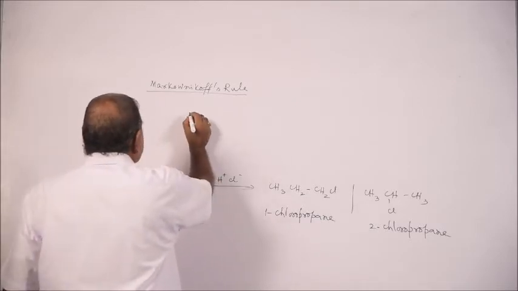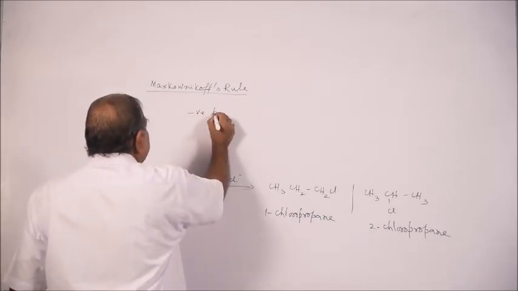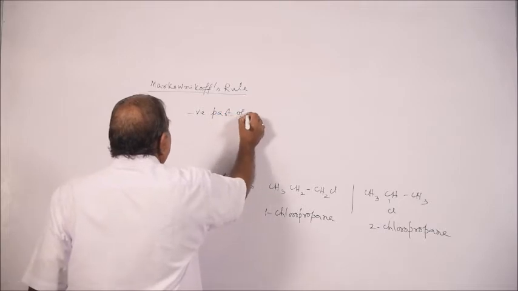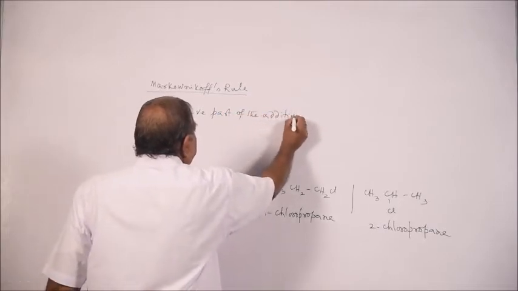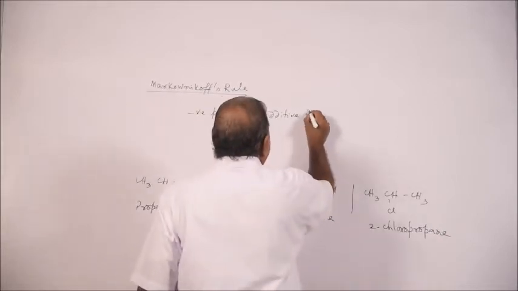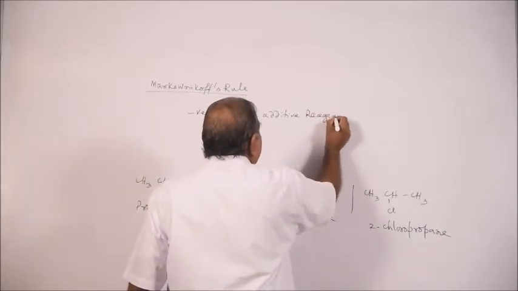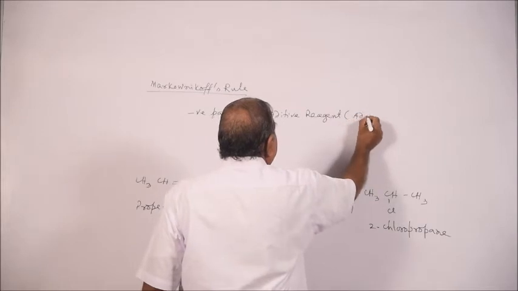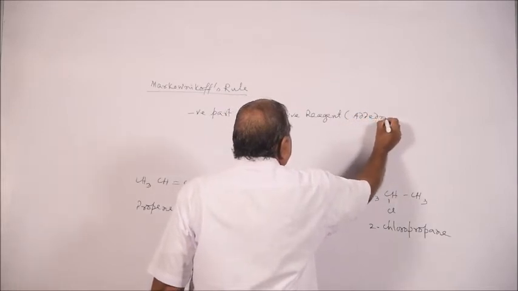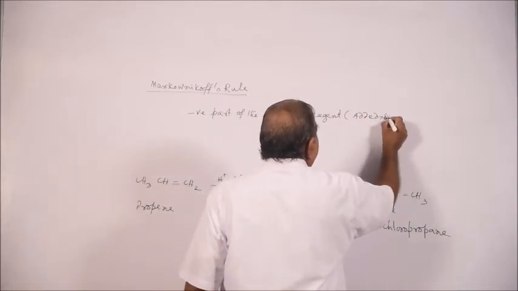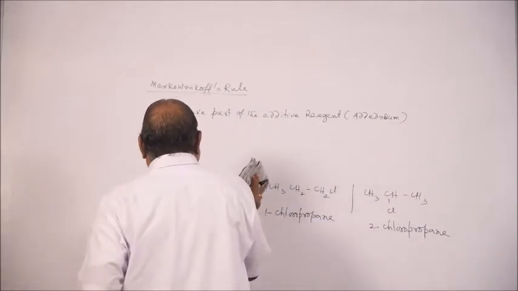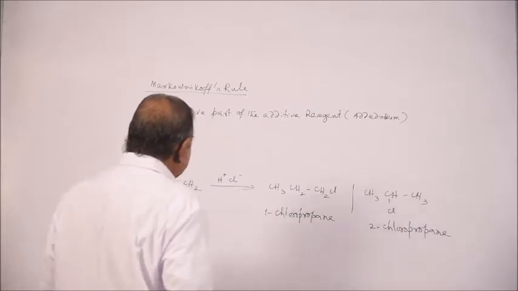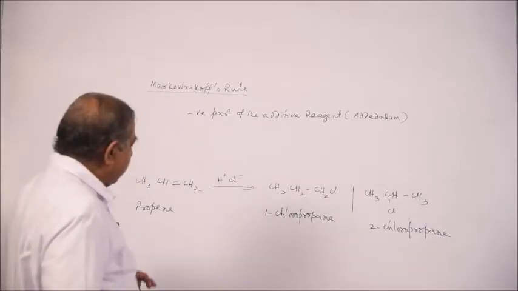According to this rule, the negative part of the additive reagent, sometimes called the addendum, is attached to the carbon atom having the least number of hydrogens.